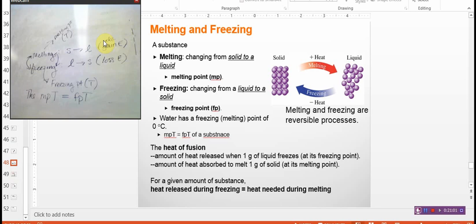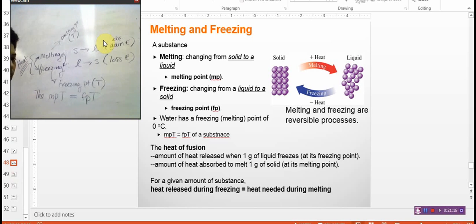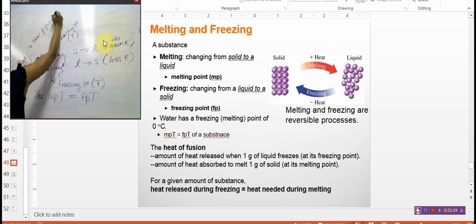And we want to say that the process of melting and freezing is associated with an amount of heat, right? So what can we say? We can say that this heat is now called the heat of fusion, right?